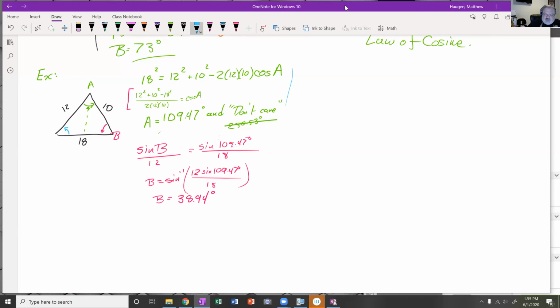But now that we have two angles, the third angle we can always just get by subtracting from 180. So use the right tool for the right job. And whatever we end up with there.